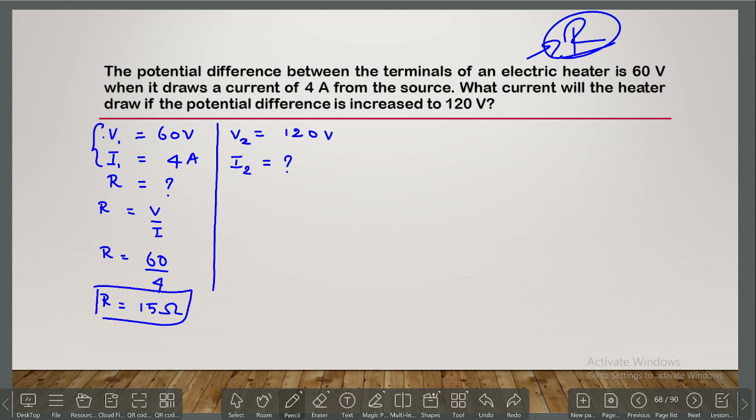Now we calculated the resistance. So even if the potential difference is changing, the resistance is going to remain the same. What is the value of resistance over here? 15 ohm. Now we'll calculate I2.